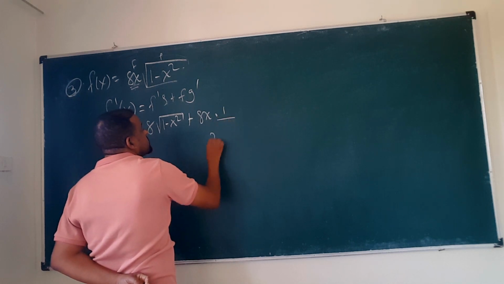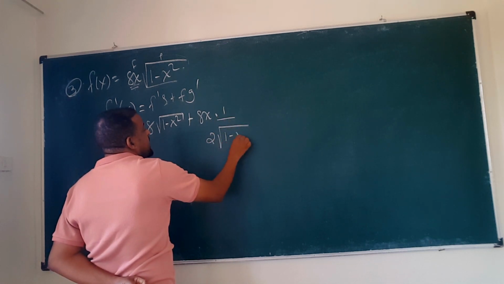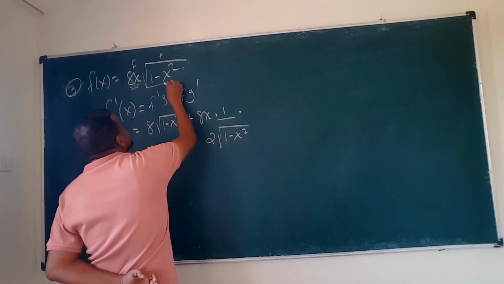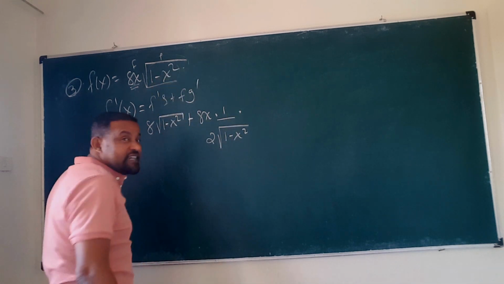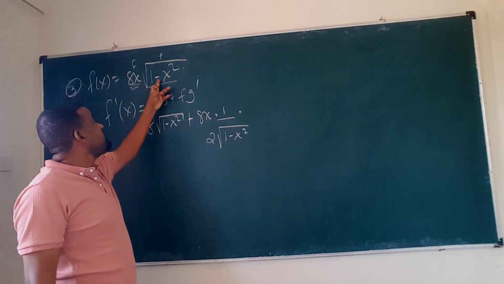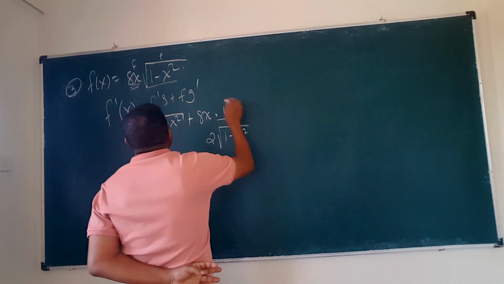This is 1 over 2 times radical of 1 minus x squared times the derivative of everything inside the radical.